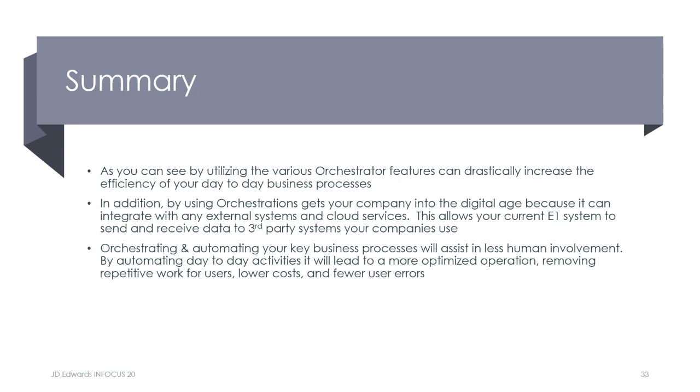This allows your current E1 system to send and receive data to third-party systems your companies use. Orchestrating and automating your key business processes will also assist in less human involvement. By automating a day-to-day activity, it will lead to a more optimized operation, removing repetitive work for users, lower costs, and fewer user errors.